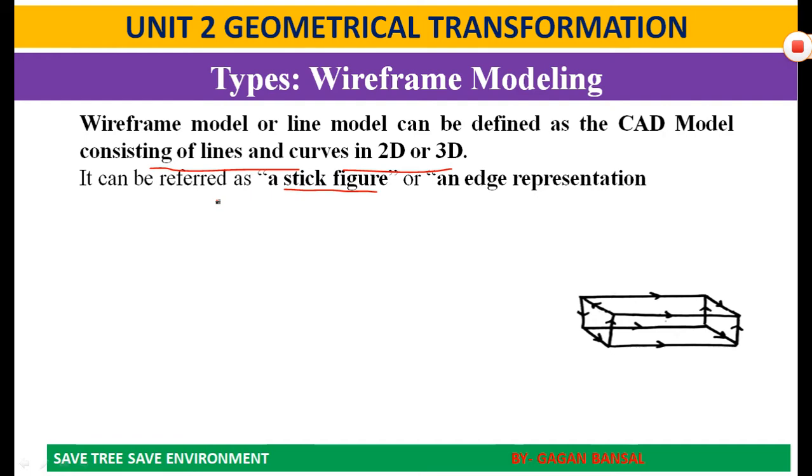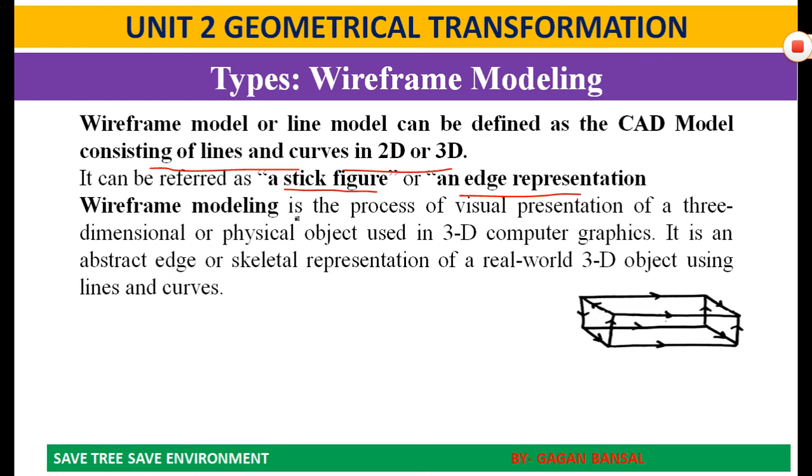It can be referred to as a stick figure or an edge representation. Wireframe model is the process of visual presentation of a 3-dimensional or physical object used in 3D computer graphics. It is an abstract edge or skeleton representation of a real world 3D object using lines and curves.